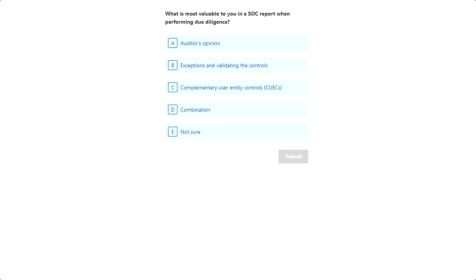So really, size doesn't matter when it comes to information security and having due diligence or evidence of due diligence. The small, less mature vendor should still have the same basic controls in place and be able to demonstrate that. And I would also say it's more of a red flag if they have a SOC but don't want to share it, or if they've had a SOC performed once and then not again.